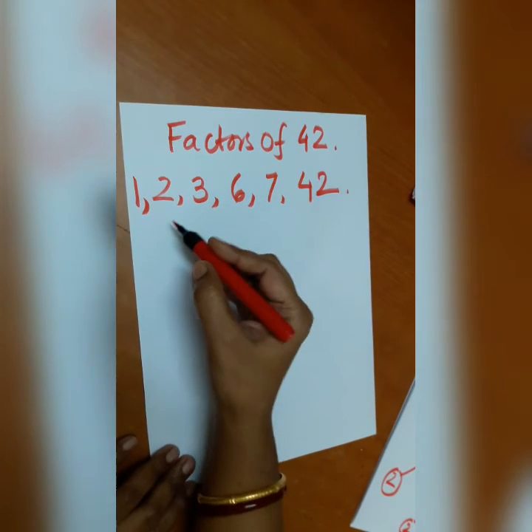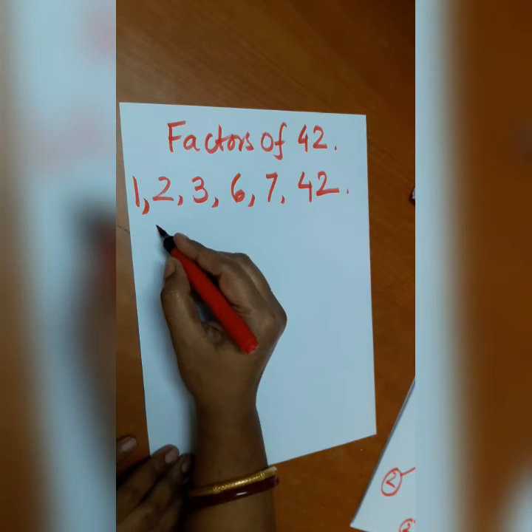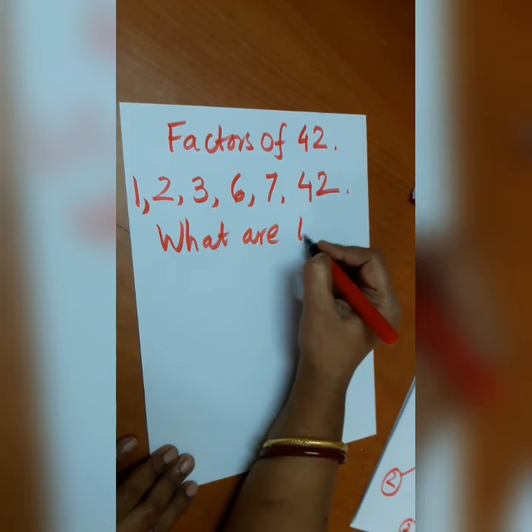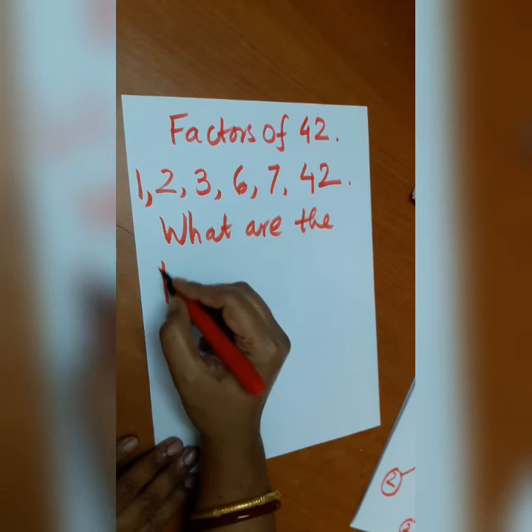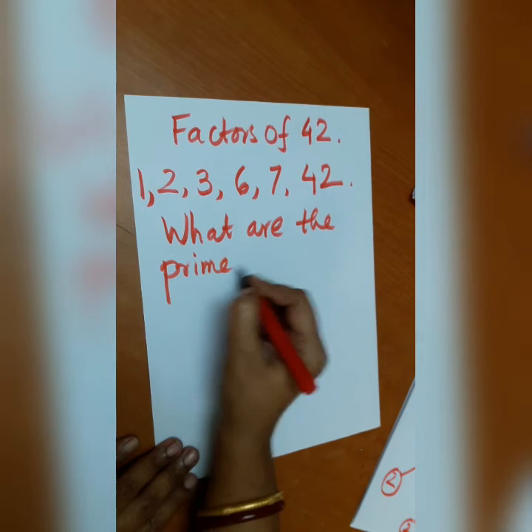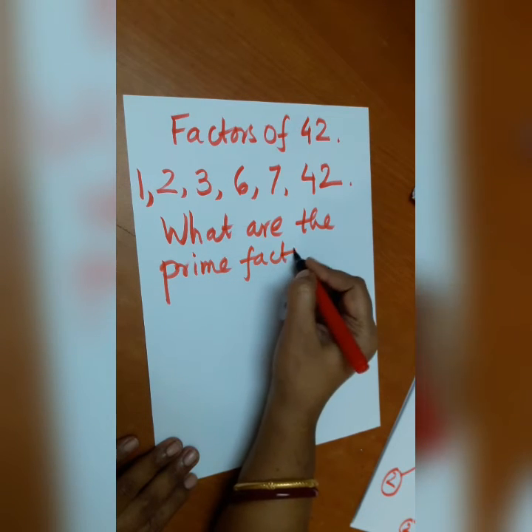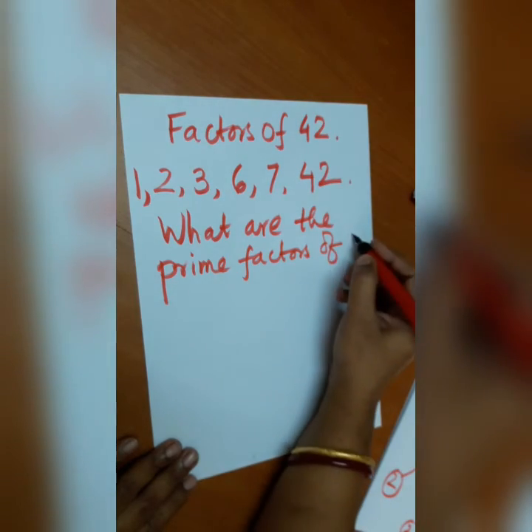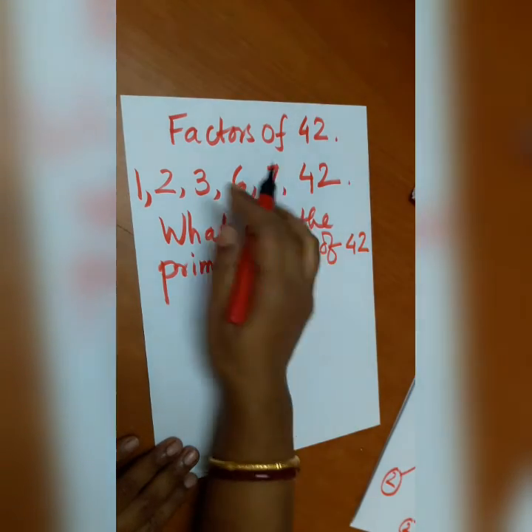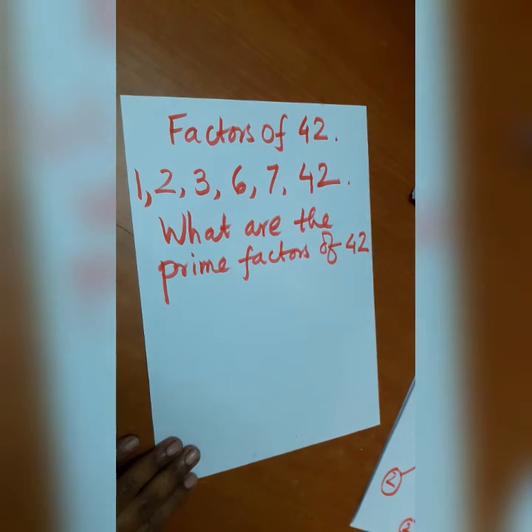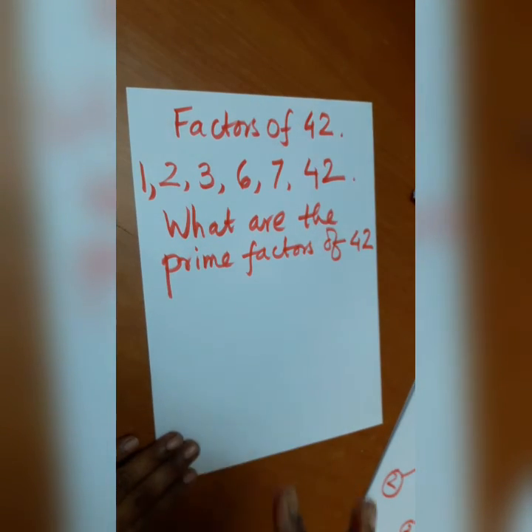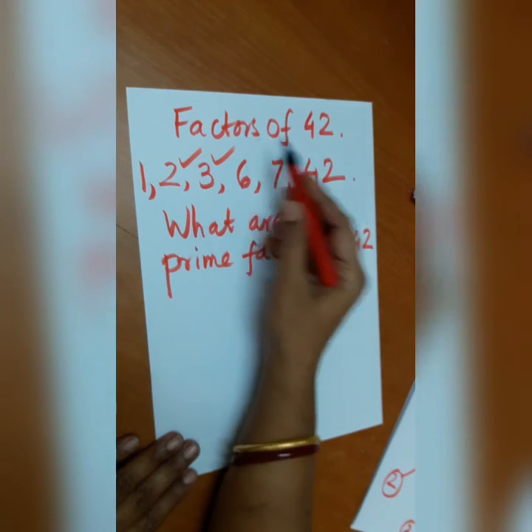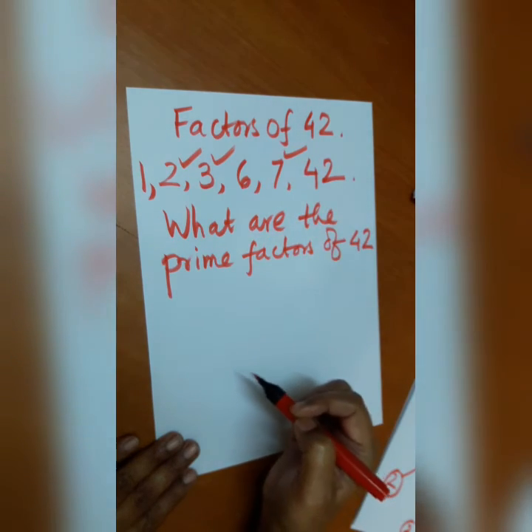Now suppose someone tells you, what are the prime factors of 42? This is factors of 42. What are the prime factors? That means what are the prime numbers that are factors of 42? So 2, 3, 7. These are prime numbers.